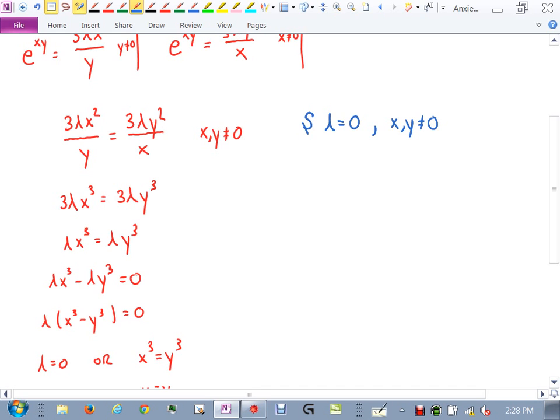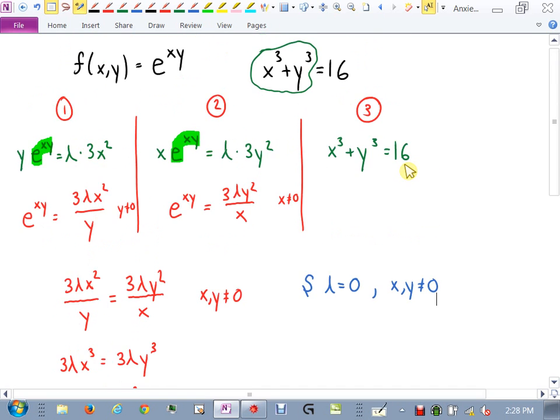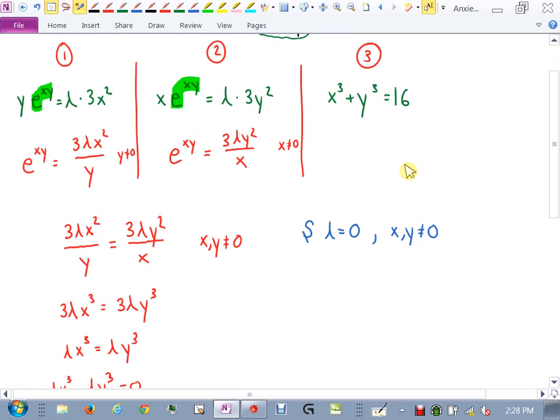So if that's true, then do we get something ridiculous to happen, or what? Look at equation 1. What does equation 1 tell you? Y, because lambda is 0, right? So that means y e to the xy must be equal to 0, because the right side is 0 here, right?